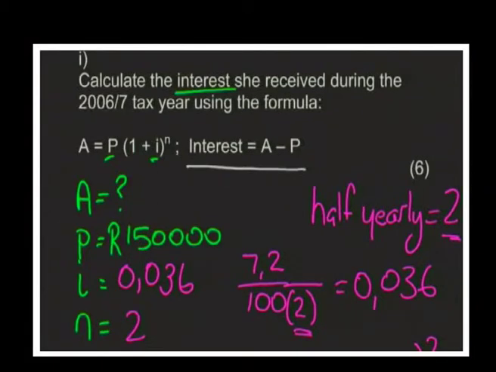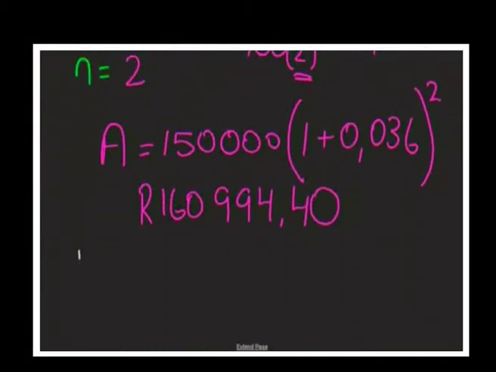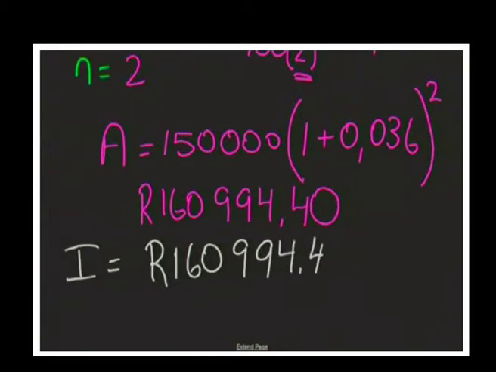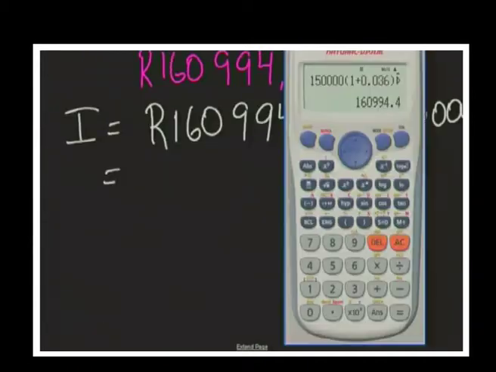The interest is what she started with. So let's calculate our interest. Our interest is what we have in the bank minus what she actually started with, which was 150,000. So our interest amount is just the difference between the two, and we can do that on the calculator.